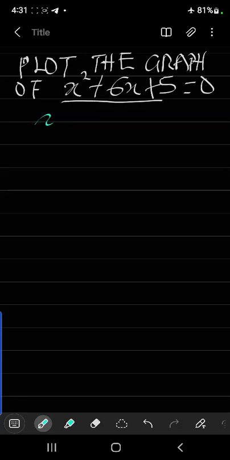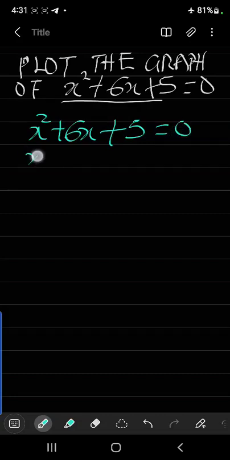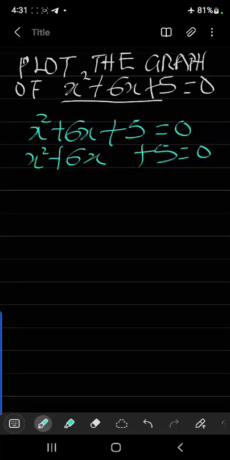You write it as x squared plus 6x plus 5 equals 0. So that will be x squared plus 6x, then plus 5 equals 0. Take half of this, square it, add it, and subtract it.